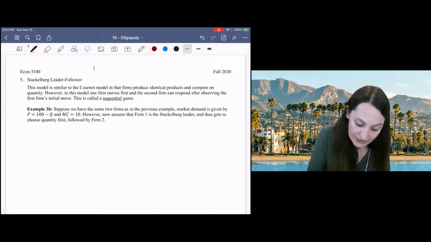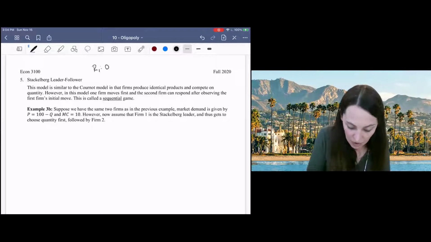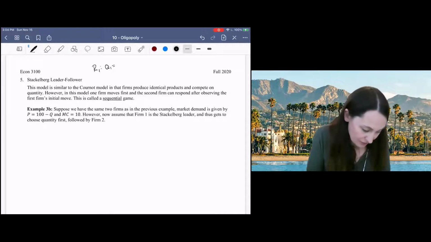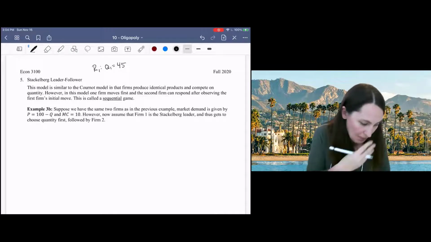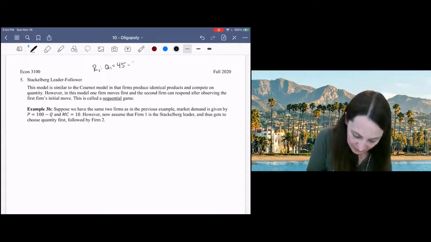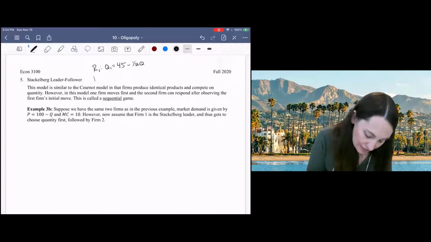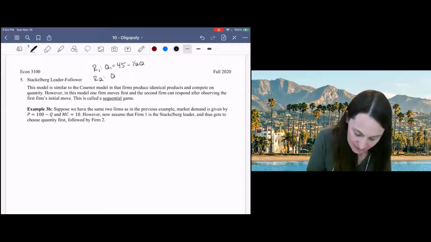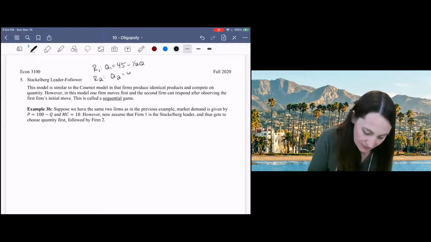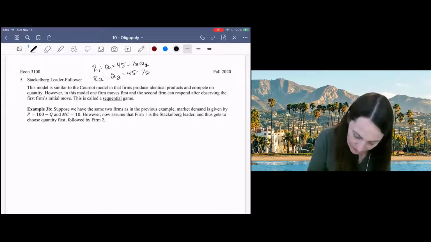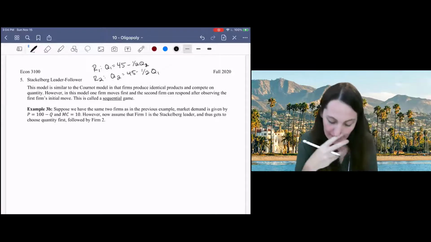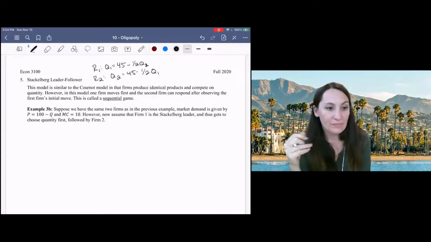I'll just remind you that we solved for both firm one and firm two's reaction functions, and they were Q1 = 45 minus 1/2 Q2, and then the reaction function for firm two was the same. This is Q2 and this is Q1. Okay, so we're starting with these reaction functions.